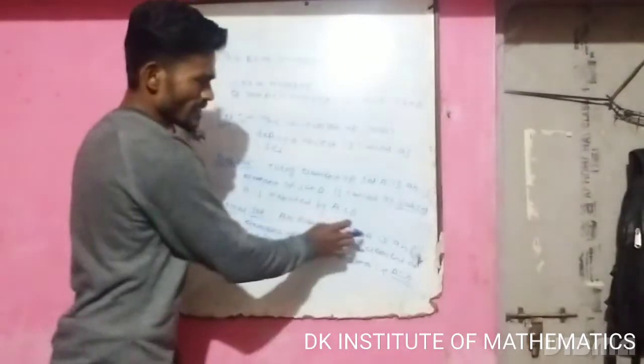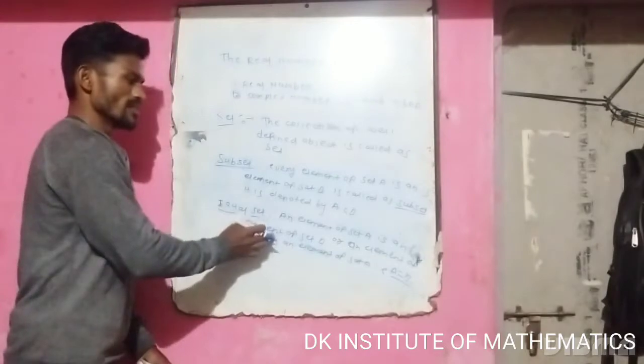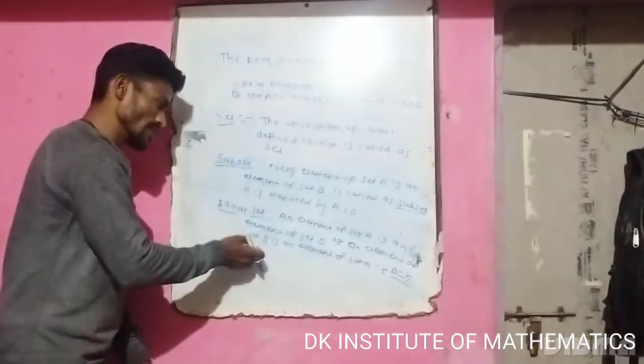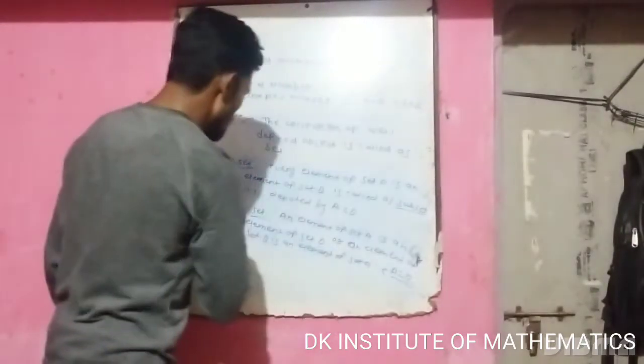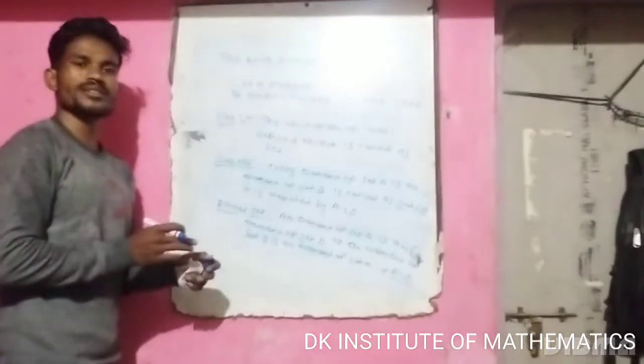An element of set A is an element of set B, or an element of set B is an element of set A. That is, A is equal to B. Then we say that A and B are equal sets.